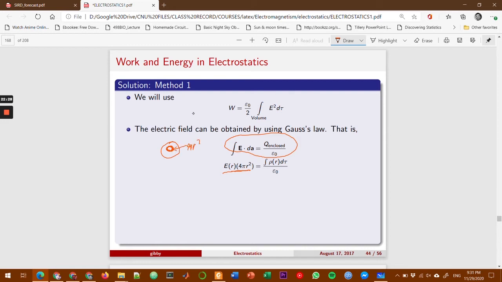R is arbitrary. The same thing if your Gaussian surface is outside. So that's actually small r still. So the area of your Gaussian surface is actually the same. You have 4 pi r squared. So it's a general formula, okay? Where Q enclosed is given by this.